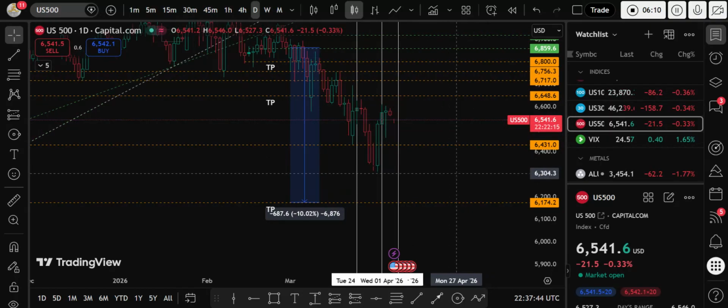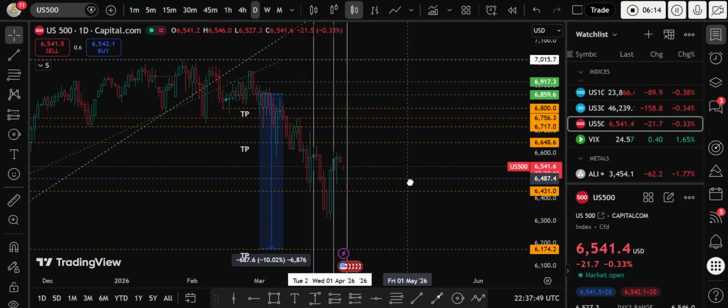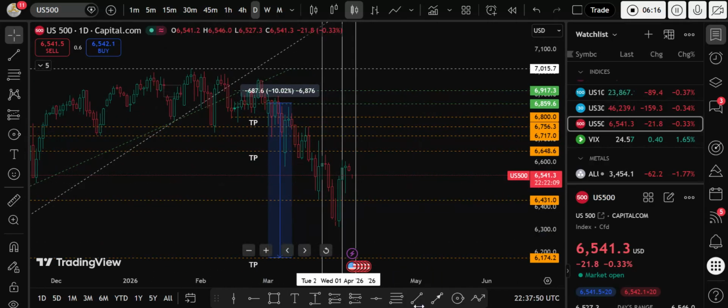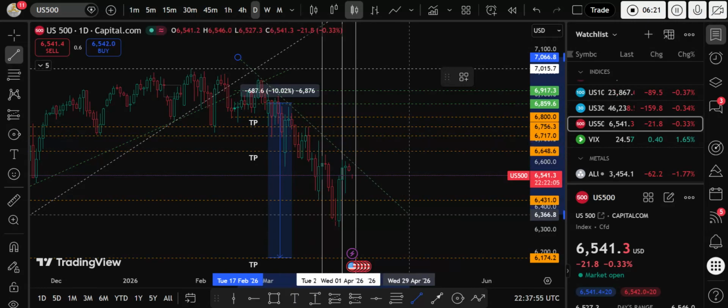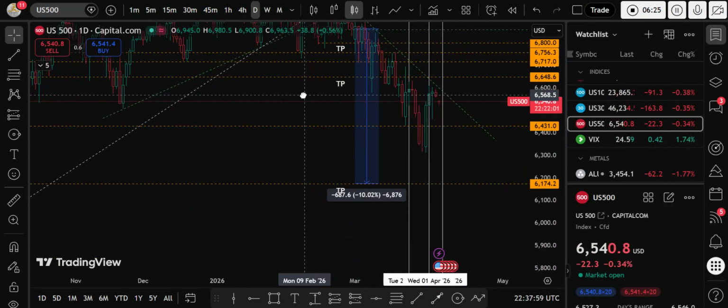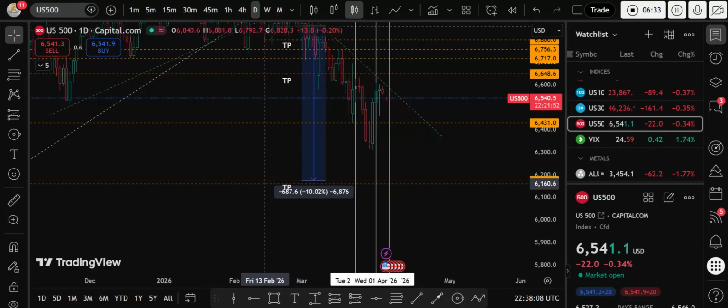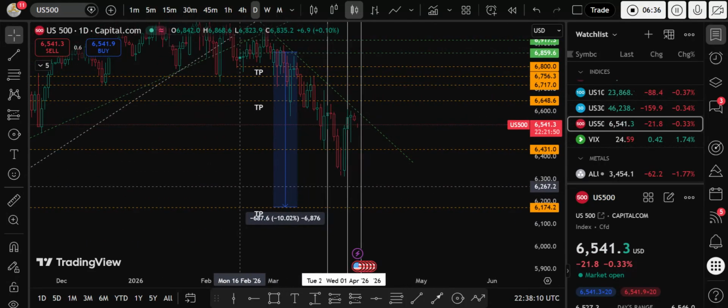So right now on the S&P, let me just draw a trend line for the upside, so that we are aware and will not be taken by surprise when it starts to go up. First TP, second TP, most of the TPs have been hit, so it's just left with the last one. But you wouldn't force the market. If it doesn't go there, you close your trade.